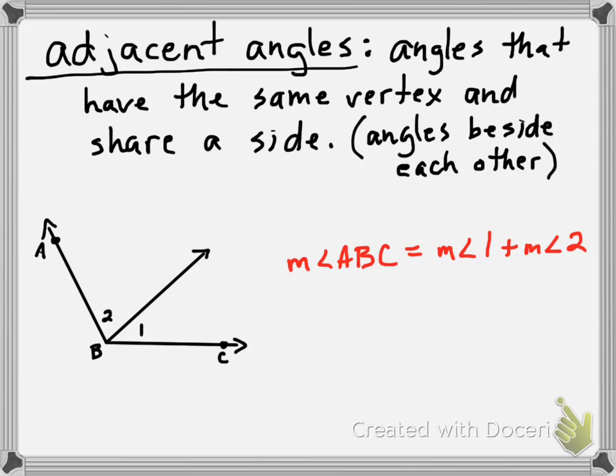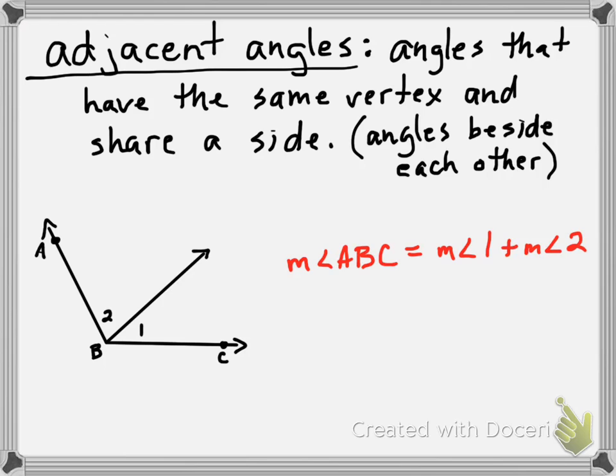Okay? Which should make sense, because if I add angle 1 and angle 2, don't I get angle ABC? Okay, so that's all it is. This is almost common sense. Okay? Because these two put together make the big one, so if you add them together, it equals the big one.